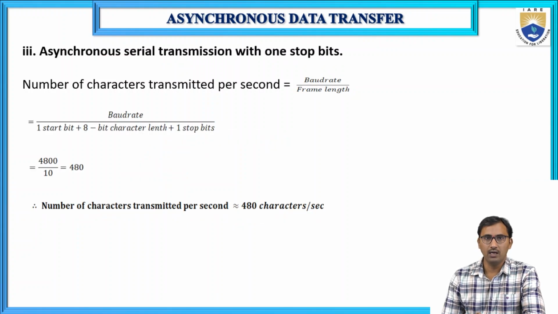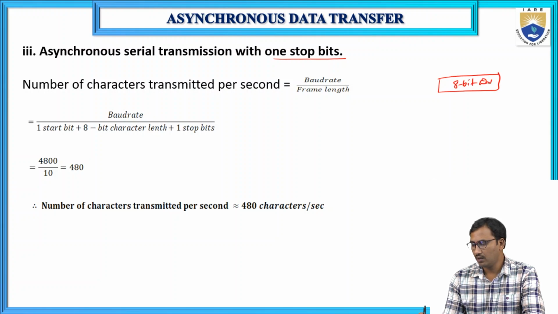The third one is asynchronous serial transmission with 1 stop bit. That means here we are sending 8-bit data, 1 start bit and 1 stop bit. So one stop bit, 8-bit length, so the total number of bits is equal to 10.